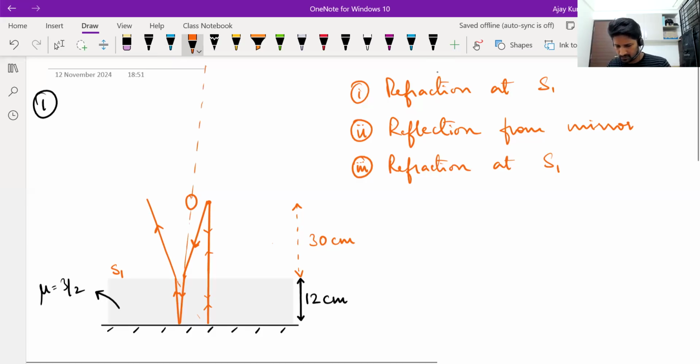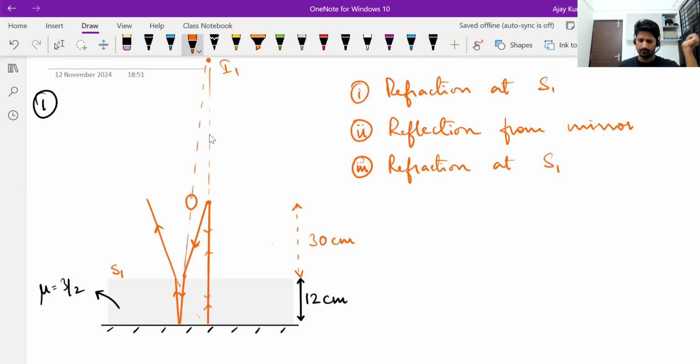This straight ray is traveling like this. So after the first refraction, the image seems to form somewhere here. Let's call it I1. Rishi, can you tell me how to find out the distance where I1 forms? Anyone? How to find out where the first image I1 forms?